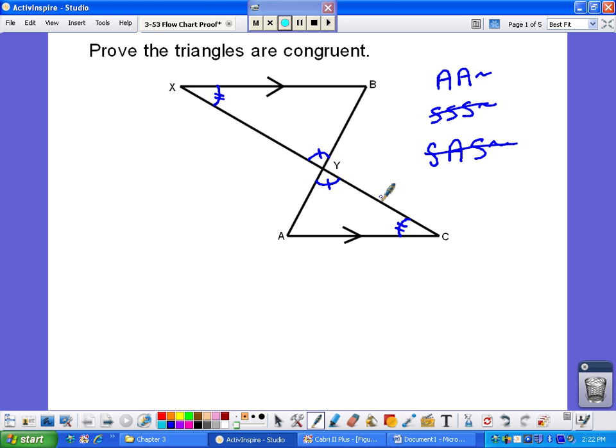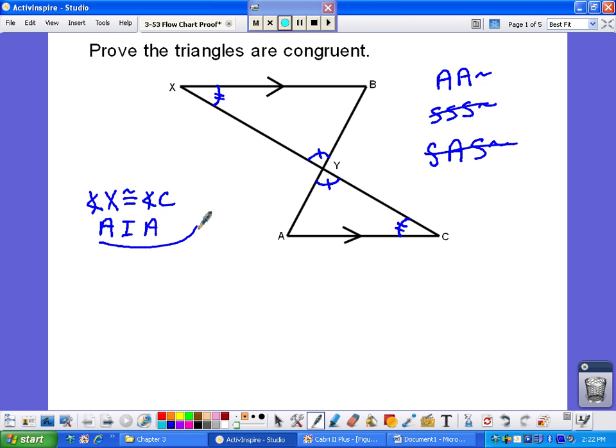Now that you have two angles that show the triangles are similar, let's go ahead and write the proof. You have to prove it. For the formal proof, I'm going to start with one reason I know they're similar. The first reason is that angle X is congruent to angle C, because they are alternate interior angles.